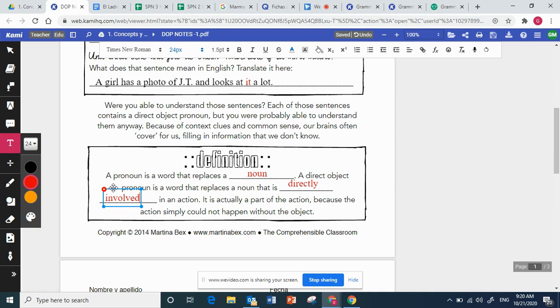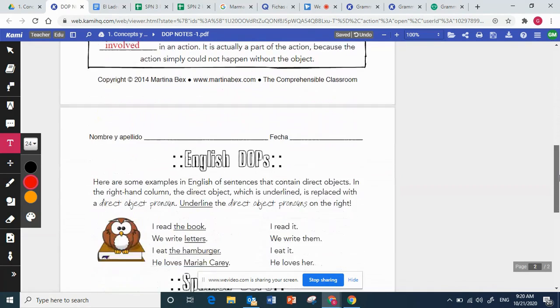It is the receiver of the action. For example, she doesn't just look at anything, she looks at it. That is who the action is done to, it.